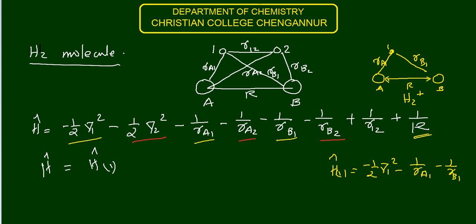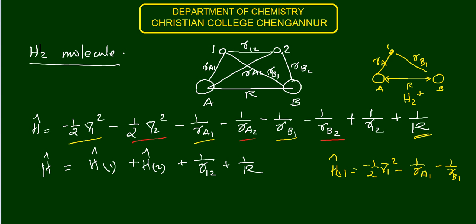Therefore, we can write this as H cap 2. So that is the core Hamiltonian of an H2 plus system which contains the electron 2. So H cap 1 plus H cap 2, and then what is remaining? All these terms are taken, and what is remaining is 1 divided by R12 plus 1 divided by R. Okay, so this is the Hamiltonian.